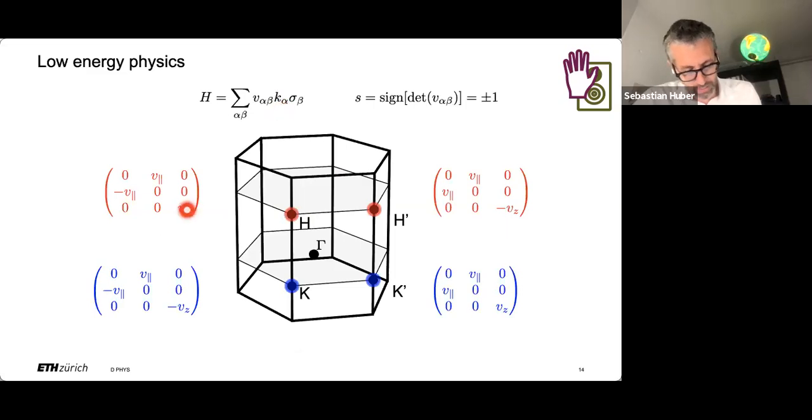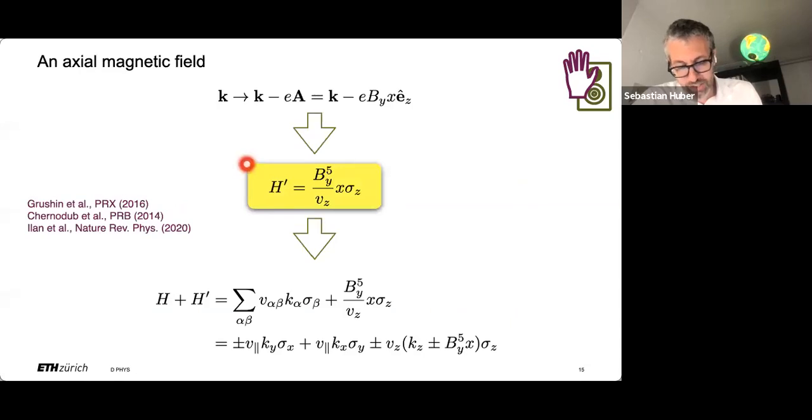So if I add just the sublattice potential, that's just a potential. It's not a magnetic field. It's just a potential that makes a difference between the two bands, sigma Z. It depends on space. So I have a space-dependent sublattice potential, and then I call it by some name.